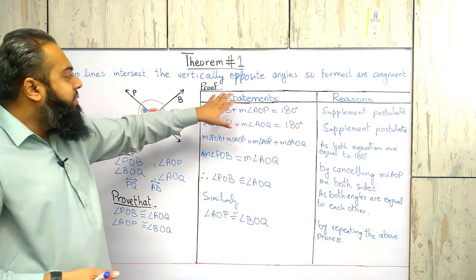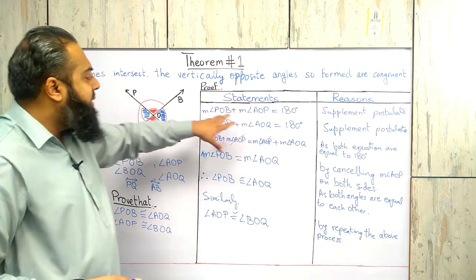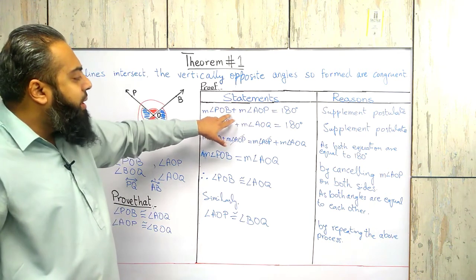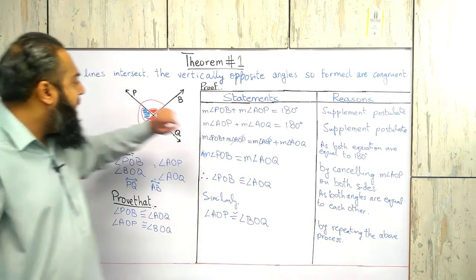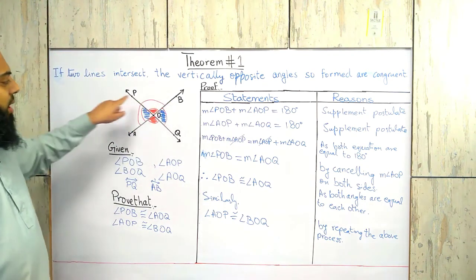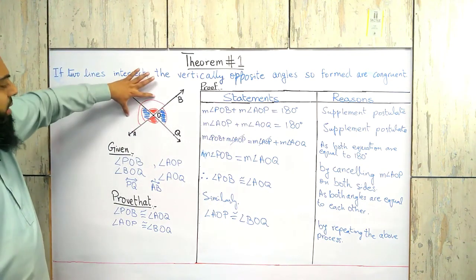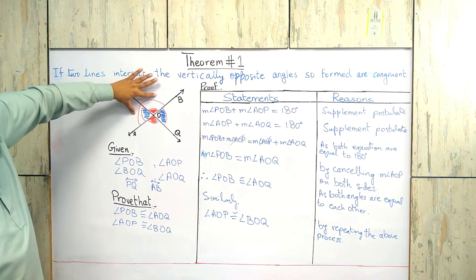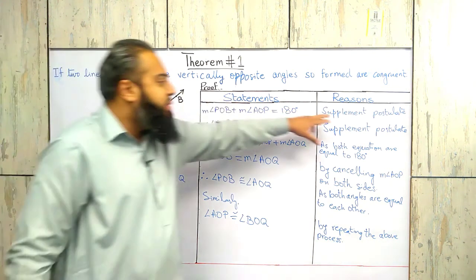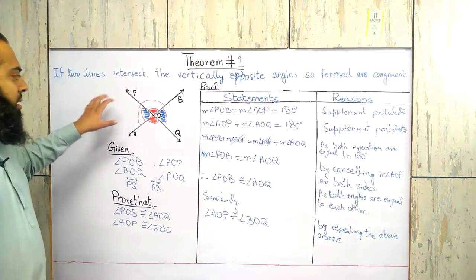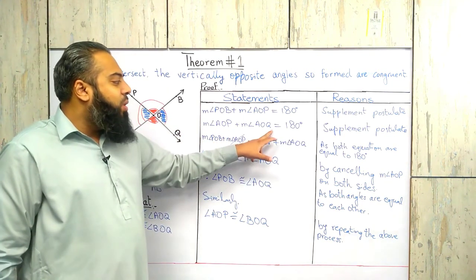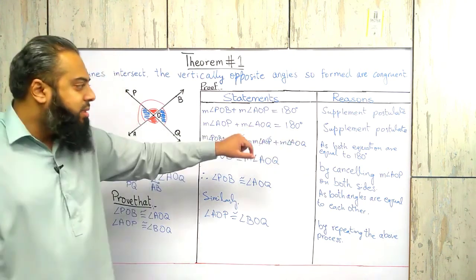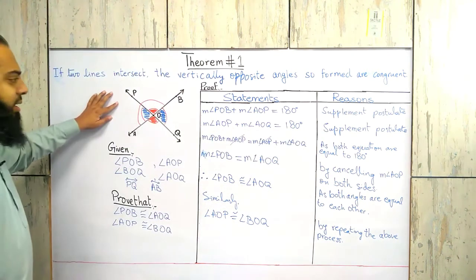Now in the proof headings, statements and reasons, we can see the measure angle POB plus measure angle AOP. These two angles are supplement to each other, so the reason will be the supplement postulate. Similarly, measure angle AOP plus measure angle AOQ equals 180 degrees because of the supplement postulate again.